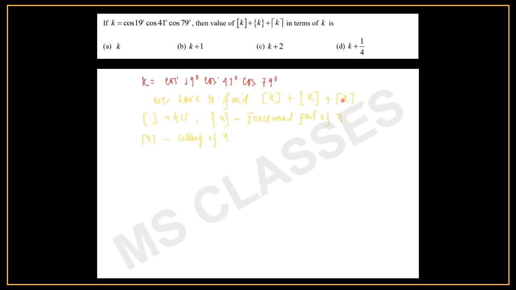So what we'll do at first, we'll simplify the given expression. So we have k equals cos 19 degree, cos 60 minus 19 degree, that is we are representing 41 as 60 minus 19 degree, and 79 degree we are representing as 60 plus 19 degree.